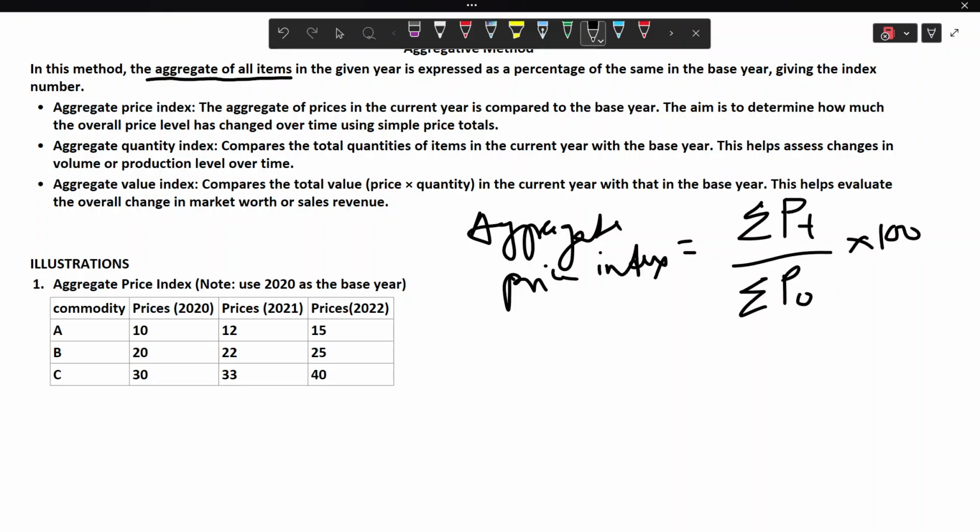That gives us the index number for the aggregate price method.